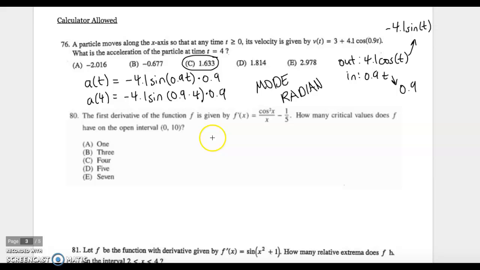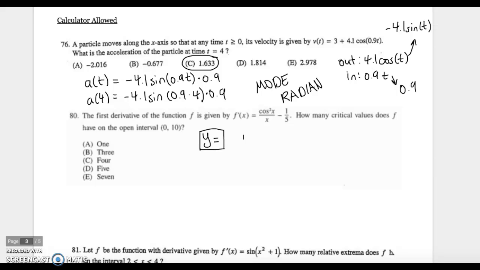And so to do that, we're going to graph this in our y equals screen. So pull up your graphing calculator if you don't have a physical one in front of you, and click the y equals button. And then we're going to graph this in that first equation there. So you're going to type in your cosine.